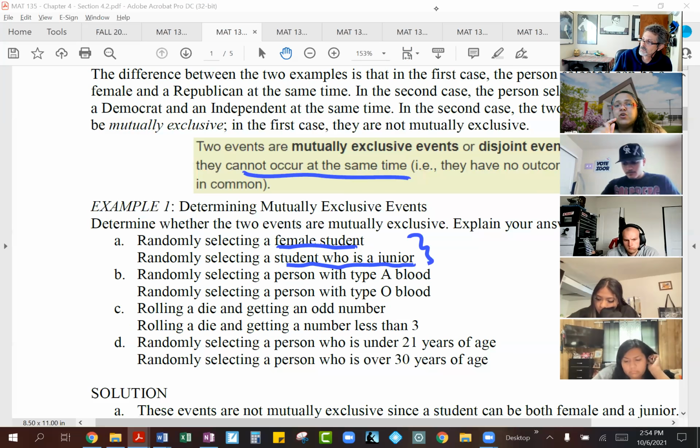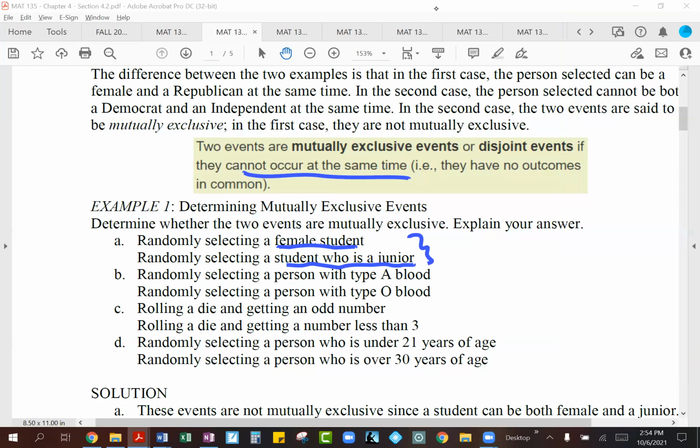So what do you think? Can you be a female student and a junior at the same time? Absolutely. So that tells us these are not mutually exclusive. The second example is selecting a person with type A blood and selecting a person with type O blood.